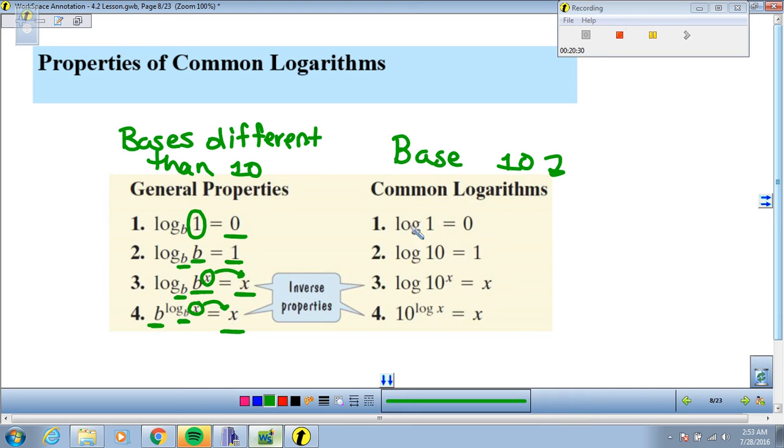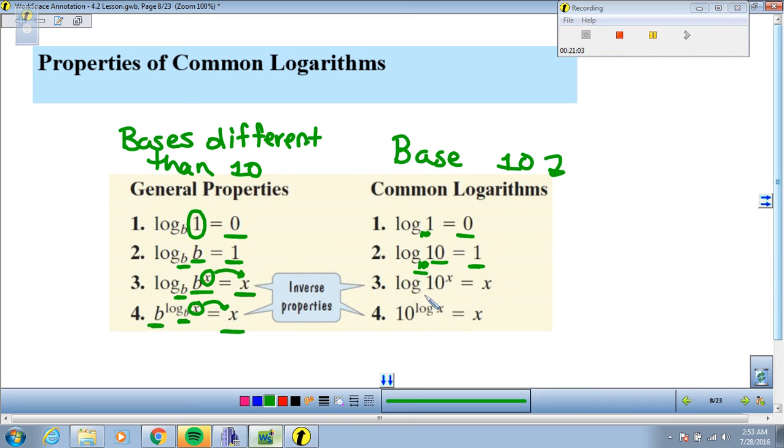So here, on the second listing of the common logarithms, when your base is 10, technically the 10 should be there, like log of 10, but you're not going to see it written down. So when you have a logarithm base 10 of 1, the answer is always 0. When you have a logarithm base 10 of 10, if these two numbers are the same, the answer is 1.